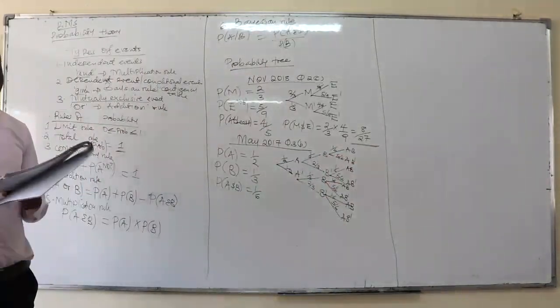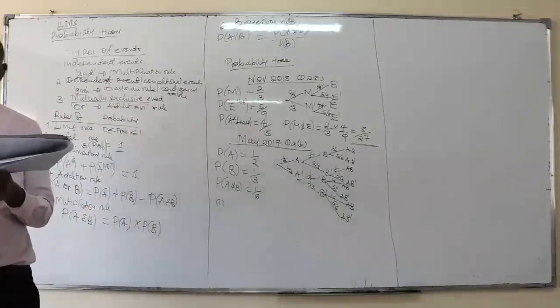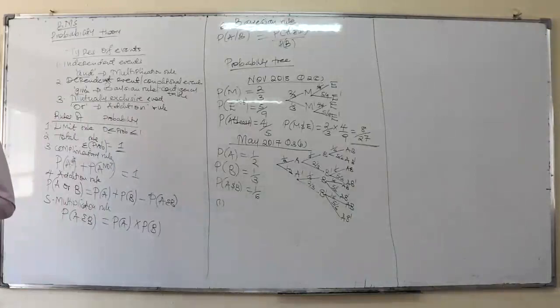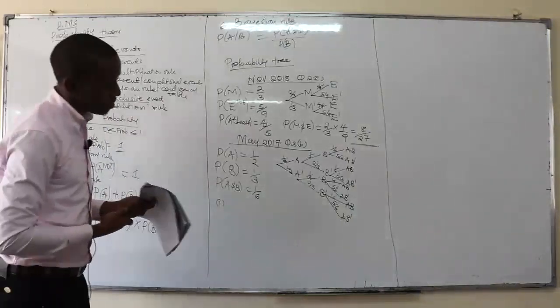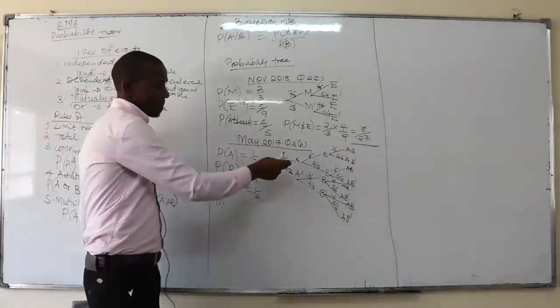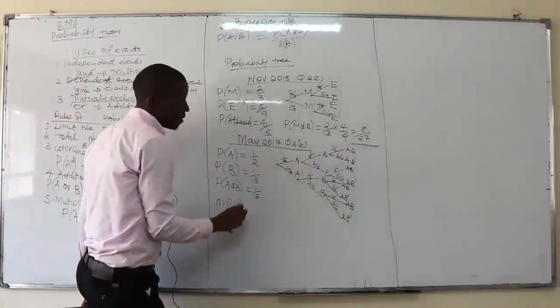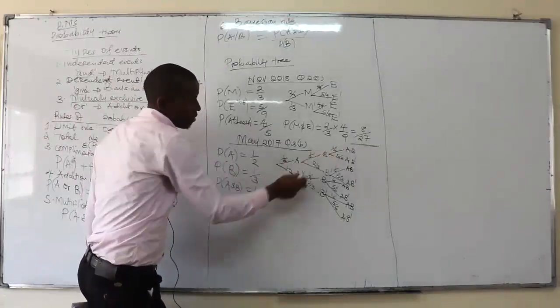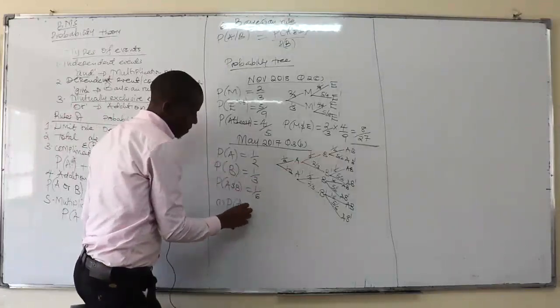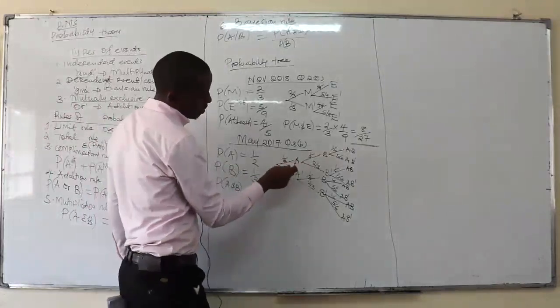And then you are asked on Roman 1. You have been asked that A wins all the games. And the probability of A wins all the games will be where? So it will be the probability of A, the A and the win, where? It is only here.